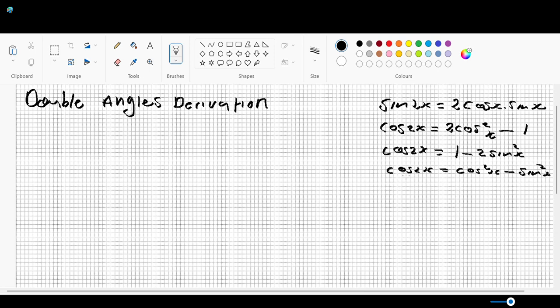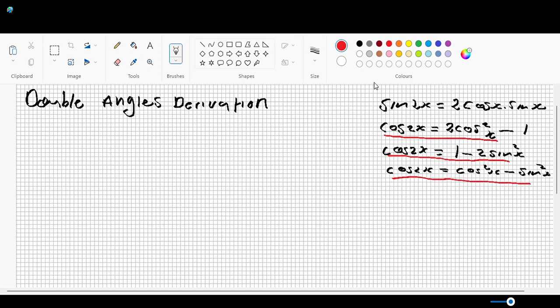So these are the identities that we're going to prove, or derive, guys. These are the double angles that we're going to do. For cos, as you can see, we have 1, 2, and 3. And for sine, it's only 1.